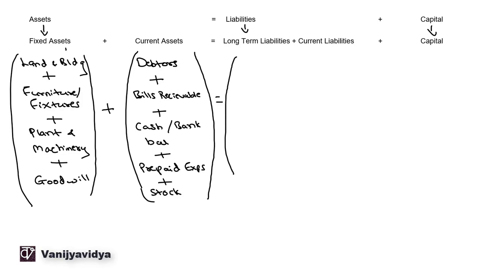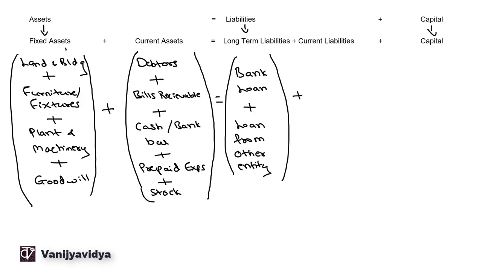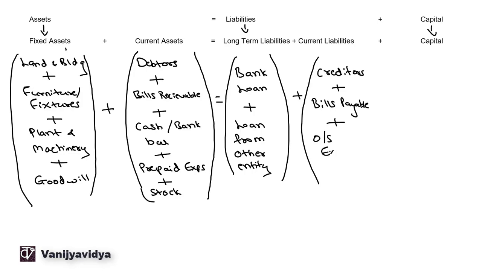Now long-term liabilities may be a bank loan plus loan from any other entity, plus current liabilities. Now, current liabilities comprises of your creditors plus bills payable plus outstanding expenses, etc. plus capital.